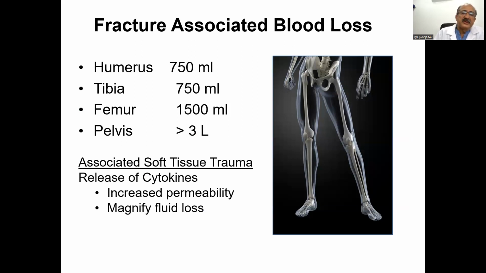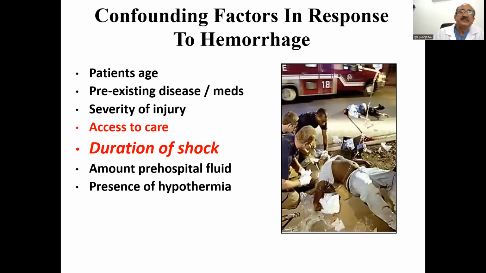Pelvis, it is always more than 3 liters. There is also associated soft tissue trauma, in which a release of cytokines occurs, which increases permeability, and as a result magnifies the fluid loss. Already we are running short of blood in hypovolemia, and further, the release of cytokines enhances the hypotension.